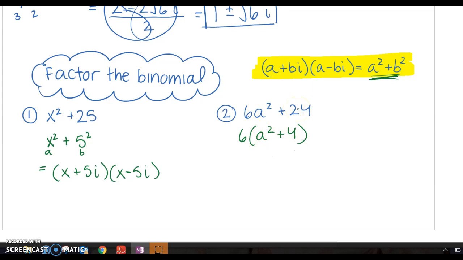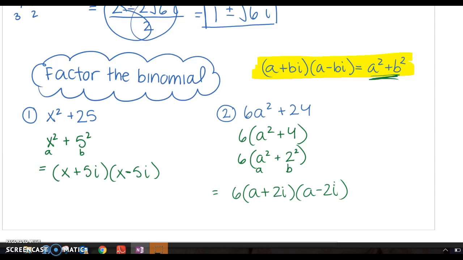Now the 6 will just tag along. We won't worry about it till the end. So a squared, we can change 4 to 2 squared. So our a is just a, and our b is just 2. So this will factor into 6 times a plus 2i times a minus 2i.